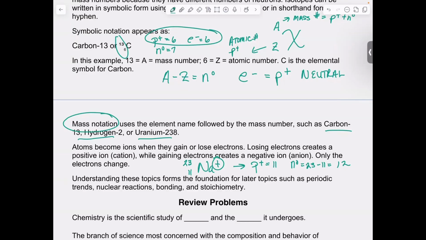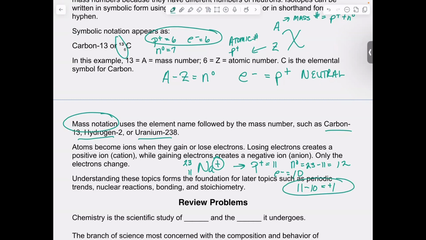Now electrons, we can't say they're even, right? Because we do have a positive charge. We would have to say that we lost an electron. We have one more proton versus the electrons, so we only have 10, because 11 minus 10 equals 1. That's a positive 1 charge, right?